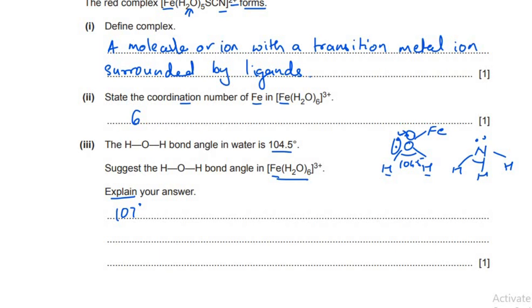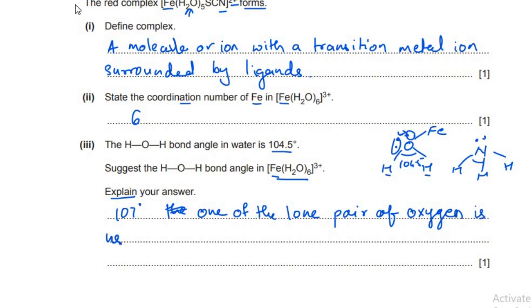So explaining here will be similar: one of the lone pairs of oxygen is used to bond with Fe. You can write Fe, or even Fe3+, that doesn't make any difference.